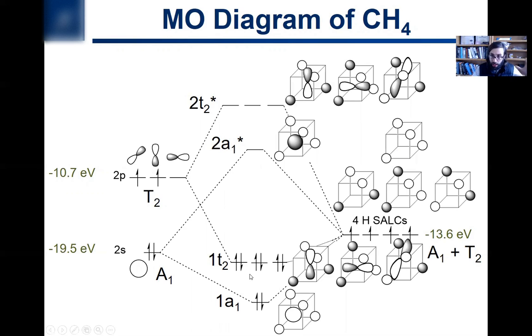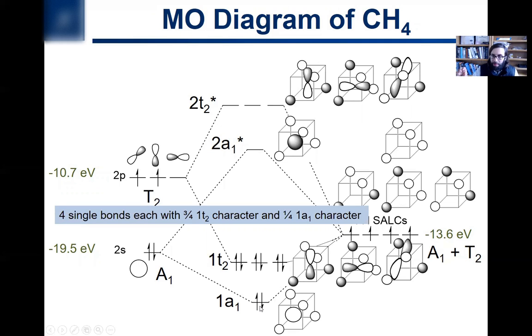All single bonds are equivalent still, but you have these more delocalized structures. And importantly, very interestingly, there are 2 different energy states. 6 of the electrons are at a higher energy level, and 2 of the electrons are at a different energy level. These all contribute to the 4 single bonds. And each of them has sort of 3/4 T2 character and 1/4 A1 character.